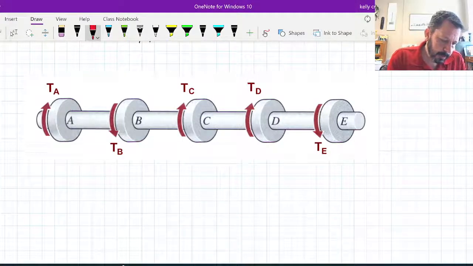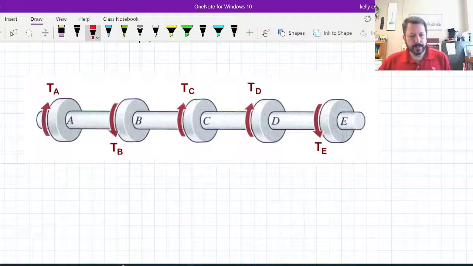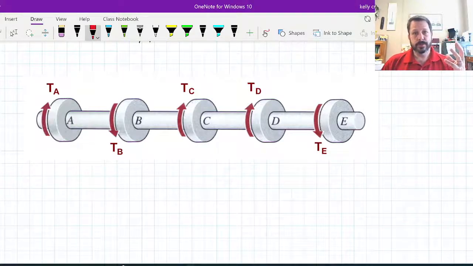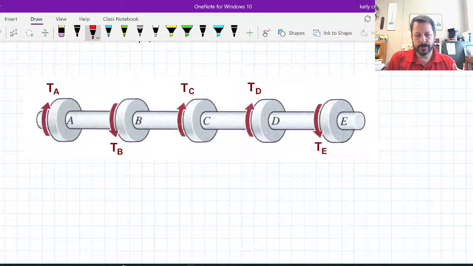Some of these torques look like they go up and some look like they go down. That is important, which ones are opposing other ones. It's not important which ones you call clockwise and which ones counterclockwise, or up and down, as long as you recognize that some of them are opposing other ones. So that's the main point.